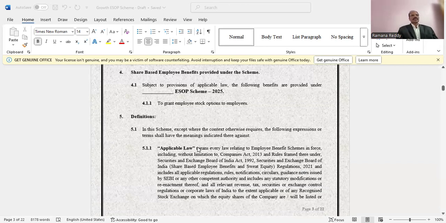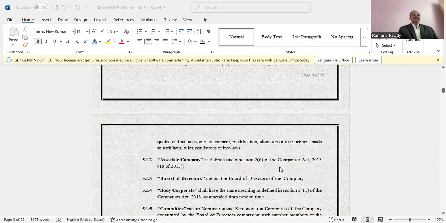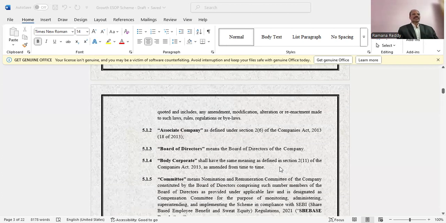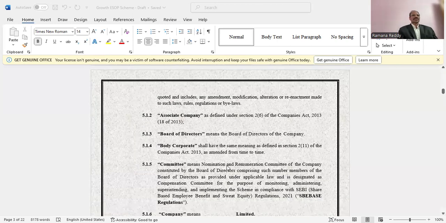See, applicable law: we are talking about the Companies Act 2013, the SEBI Act, SEBI regulations, and all applicable employee benefit laws in force. Associate company is as defined under the Companies Act 2013. Board of directors means the board of directors of the company only. Body corporate is as defined under the Companies Act 2013.